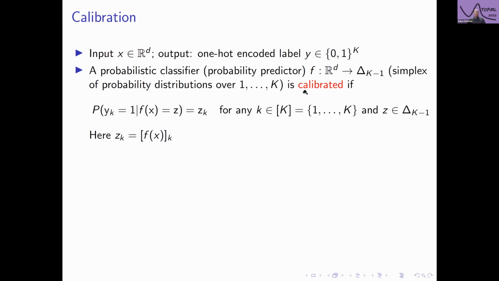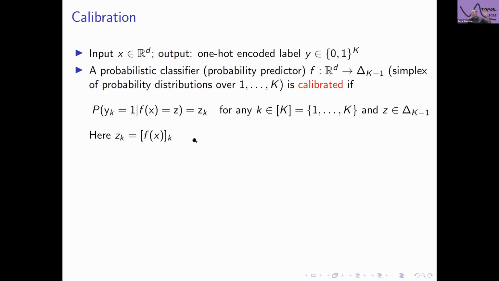And this classifier is called calibrated if for every class k between 1 and capital K, the probability that y belongs to the kth class, so y_k is 1, given f of x, let's say I condition on f of x and denote that value z, is actually equal to the kth coordinate of f of x.